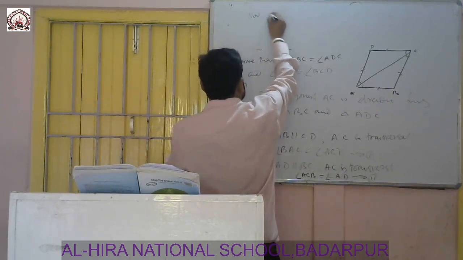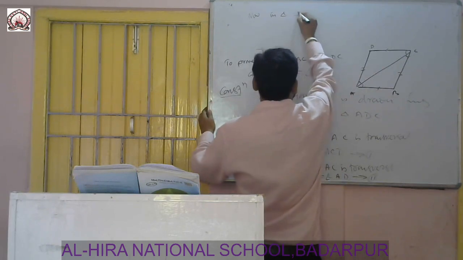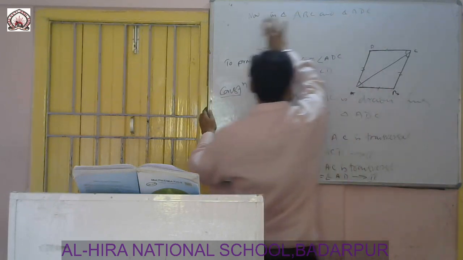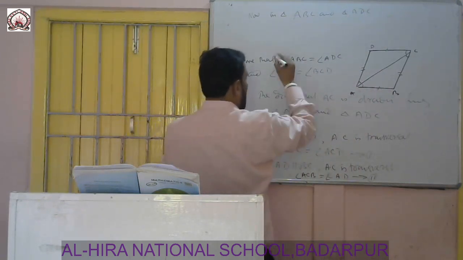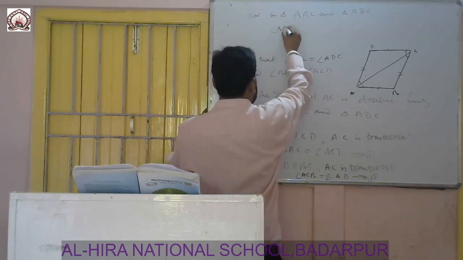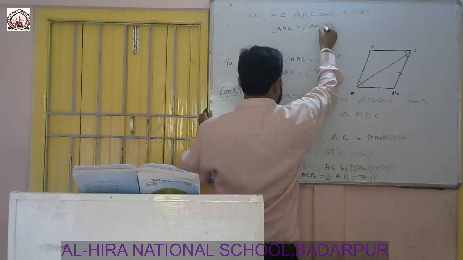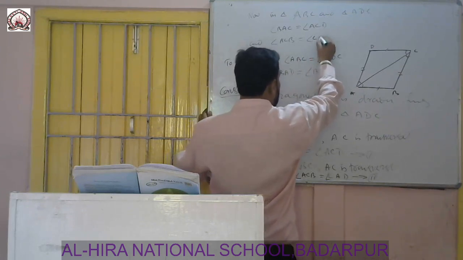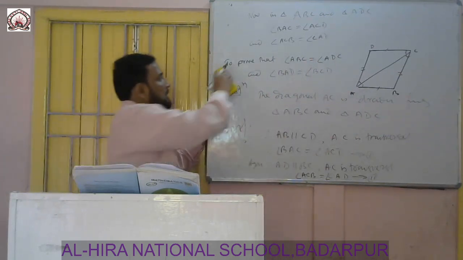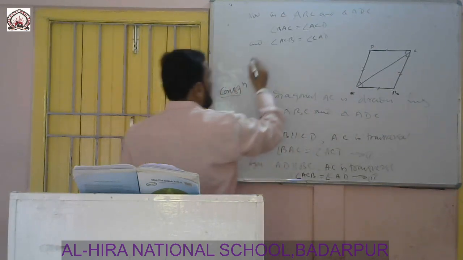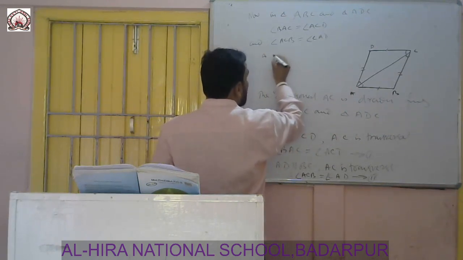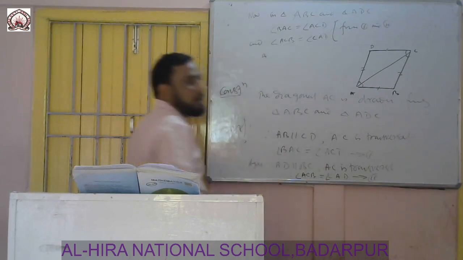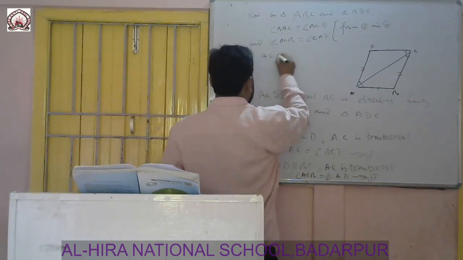Now in triangle ABC and triangle ADC, from 1 and 2, angle BAC is equal to angle ACD and angle ACB is equal to angle CAD. Third option is AC is common side.